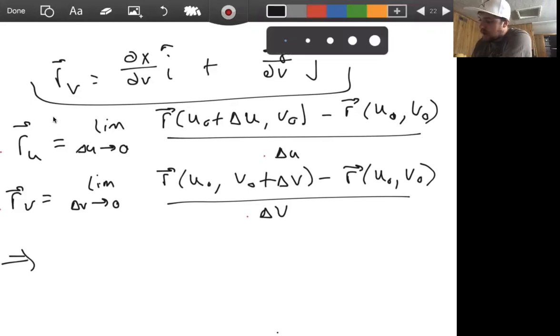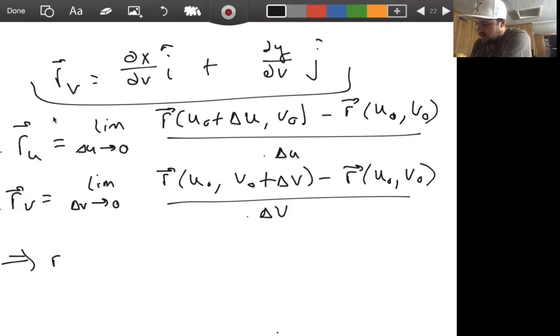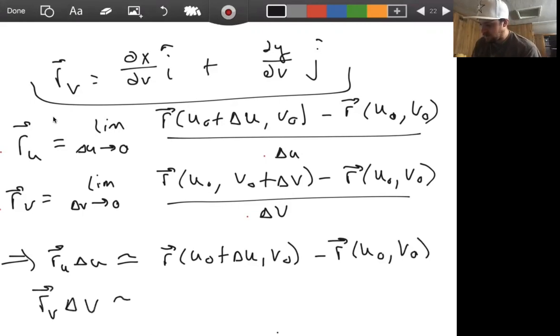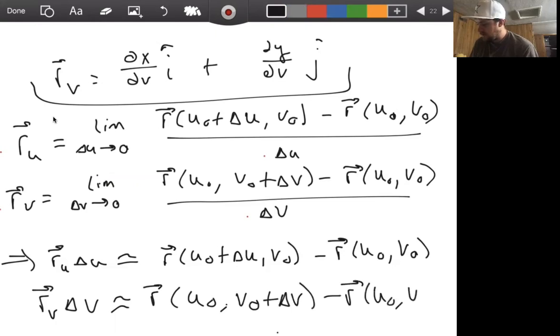If you do that, we would get that r sub u times delta u is approximately r of u naught plus delta u, v naught minus r of u naught, v naught. And r sub v delta v is approximately r of u naught, v naught plus delta v minus r of u naught, v naught. And so what do we have here, right?